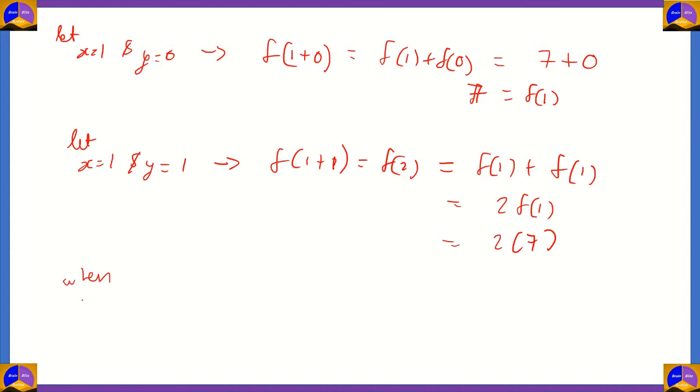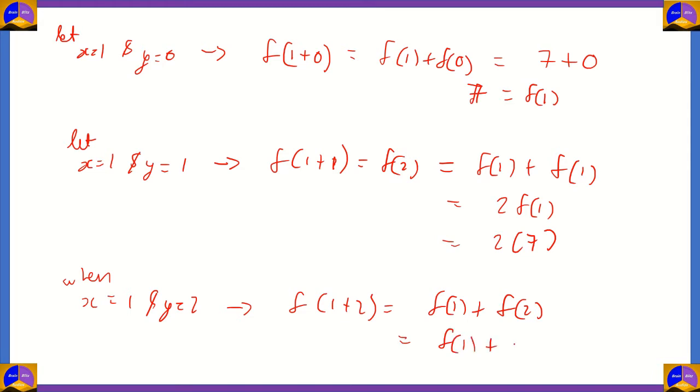So when x equals 1 and y equals 2, or x equals 2 and y equals 1, you get f of 1 plus 2 can be written as f of 1 plus f of 2. So f of 1 plus 2 times f of 1, that is equal to 3 times f of 1, which is equal to 3 times 7.